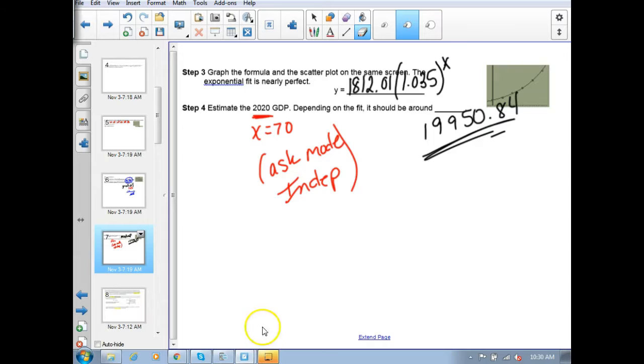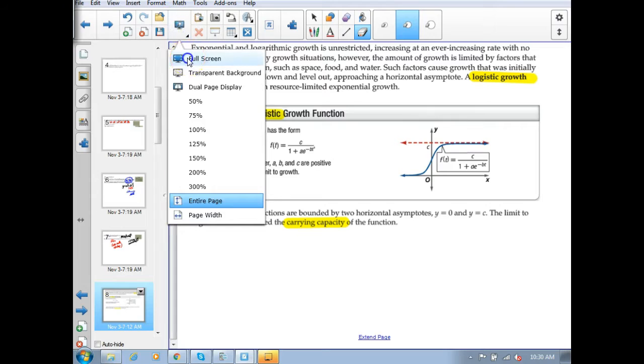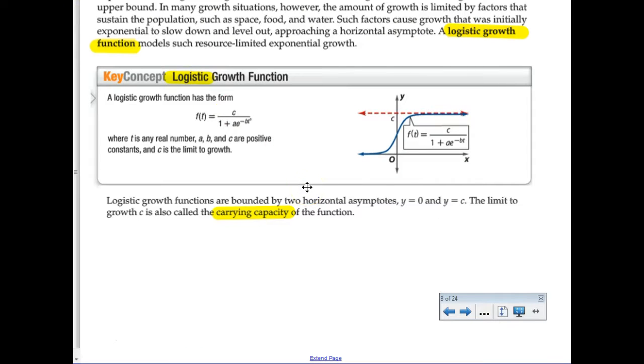All right, back to our paper. If you flip over to 13b, they want to talk to you about logistic growth. So we kind of discovered one yesterday on one of our homework papers. It was the bear question, and it talked about for species in an environment, there's what's called a carrying capacity to the function. So it creates what essentially is a horizontal asymptote, and the function kind of tops out and doesn't go beyond that.